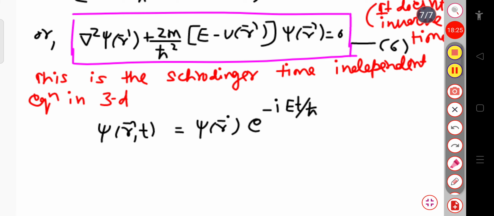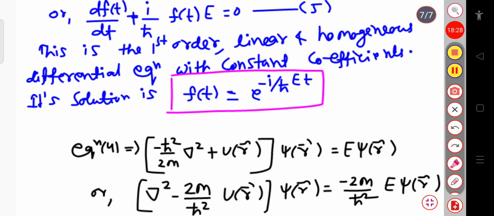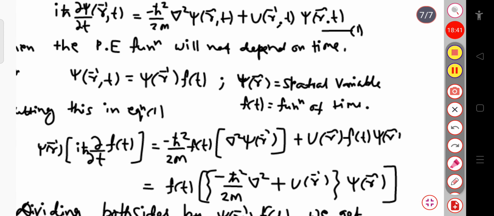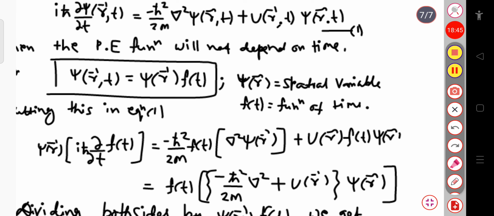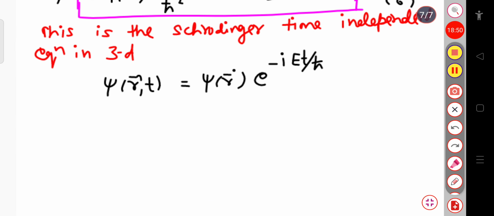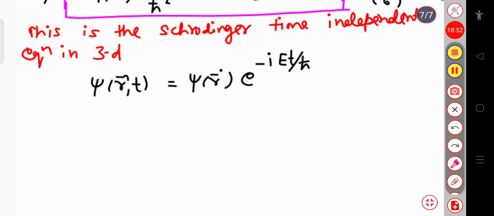Because you know from this expression, f(t) equals exponential of minus i divided by ħ into E t. And we have considered that ψ(r,t) can be written as ψ(r) into f(t). So ψ(r,t) equals ψ(r) into exponential minus iEt by ħ. This is your final expression, equation number 7.